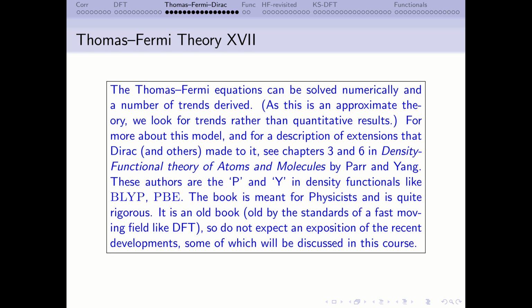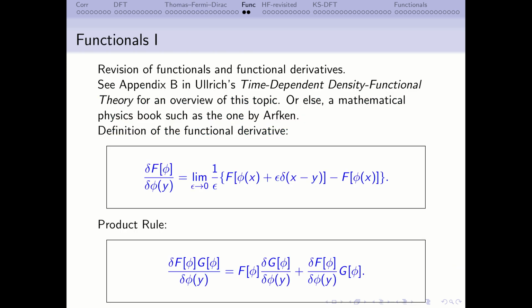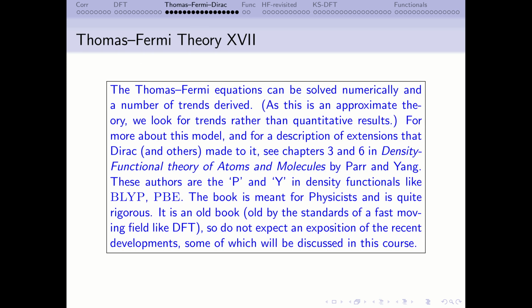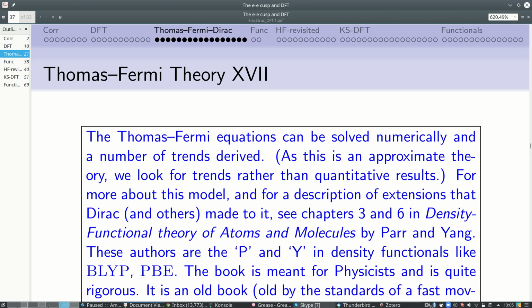And then we're going to see how that all leads us to Kohn-Sham density functional theory. We'll stop here, I think. The next set of topics are going to require a lot of knowledge of functionals. Please revise the work on functionals. And that's the end of this part of the lectures.